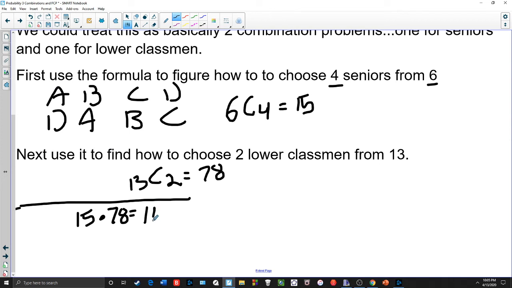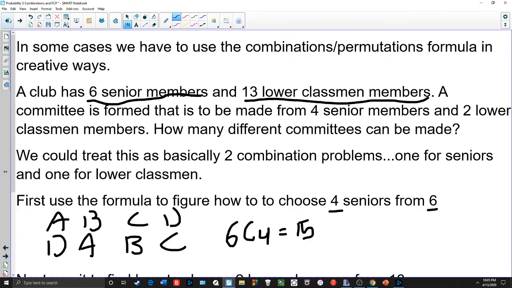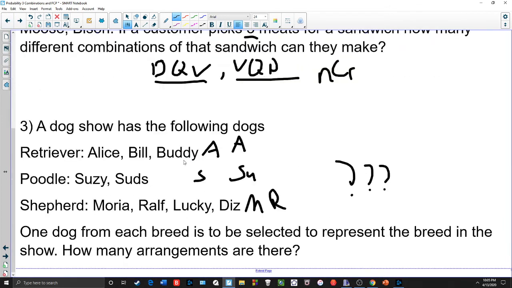So there's 1,185 different ways I can pick 4 seniors from 6 and 2 lower classmen from 13 to be on this committee. You had to break it down into 2 smaller problems and then multiply them together at the end, which is basically how you would do this one. Whoops, my bad, how you would do this one down here.